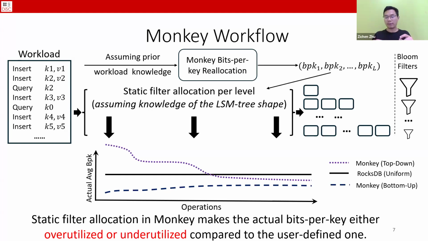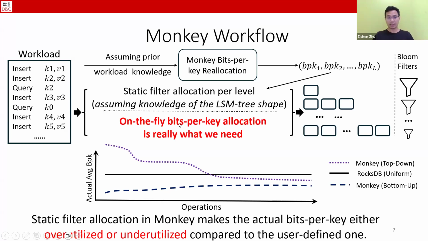And this overutilization will last until we digest most of the operations, and the number of levels becomes the same as the one we use to compute the bits per key list. From this example, I hope you can get a feeling that what we really need is the on-the-fly bits per key allocation scheme, and we do not want to overuse or underuse the user configured bits per key.